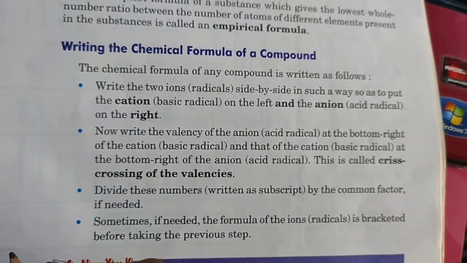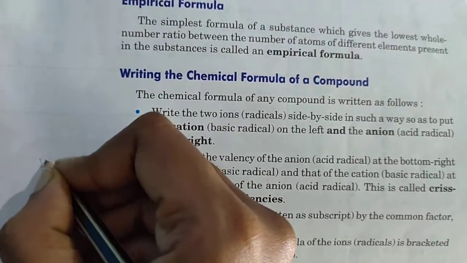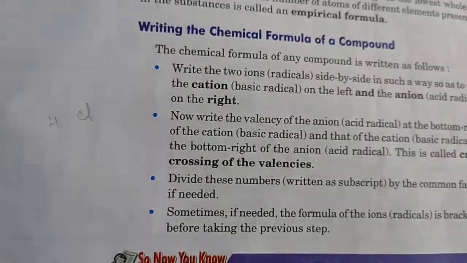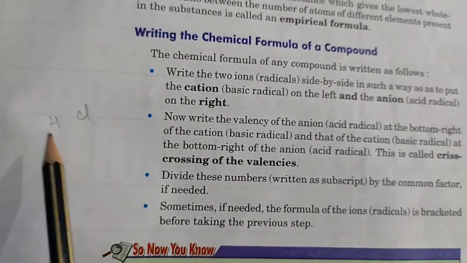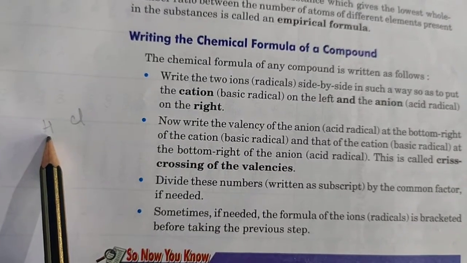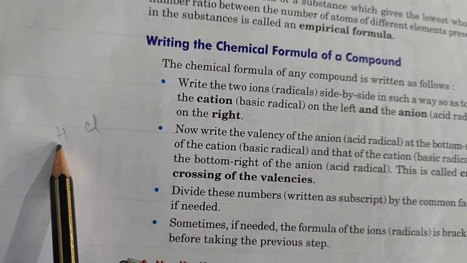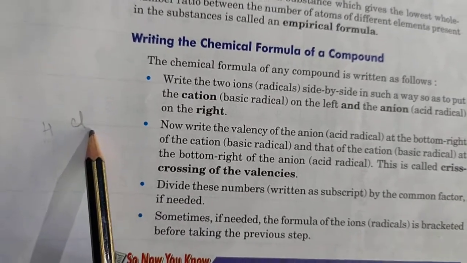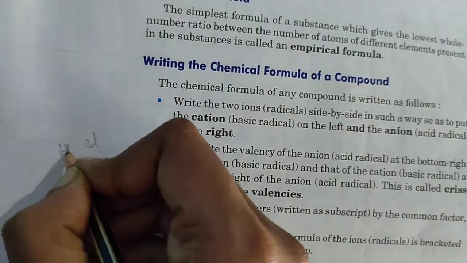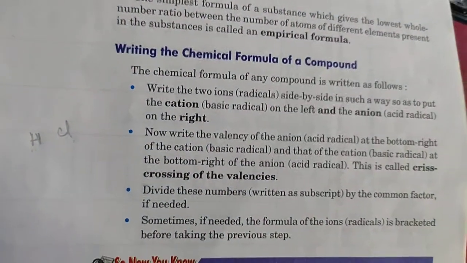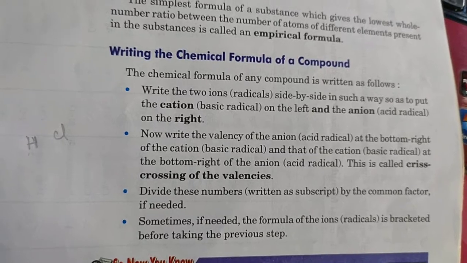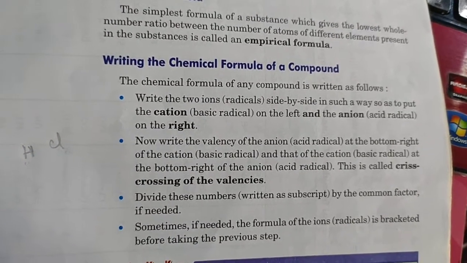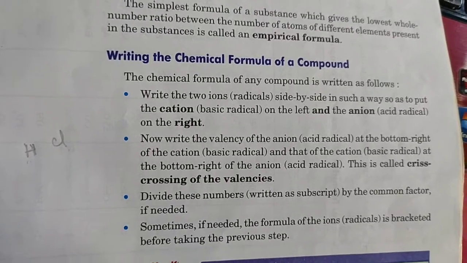Suppose I am giving you an example of HCl. On the left side we have taken the basic radical, that is the cation, and on the right side we have taken the acid radical, that is the anion. Now write the valency of the anion at the bottom right of the cation, the basic radical, and that of the cation at the bottom right of the anion.